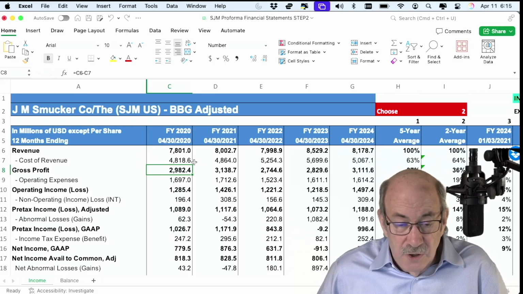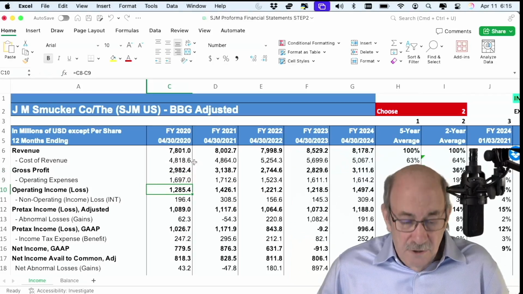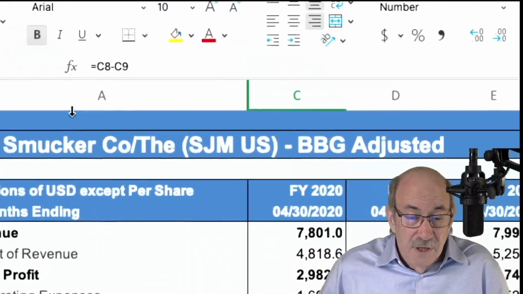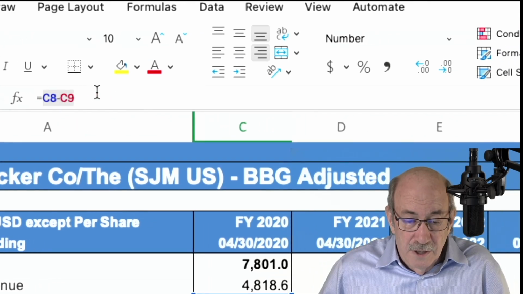So all of these subtotals, the gross profit, operating income is another subtotal, and you'll notice that I've also done that as a formula right up here.